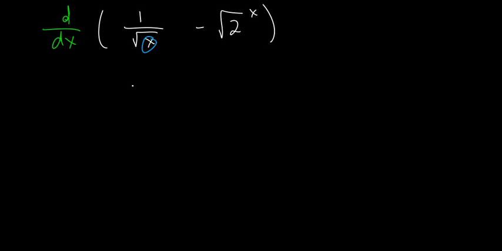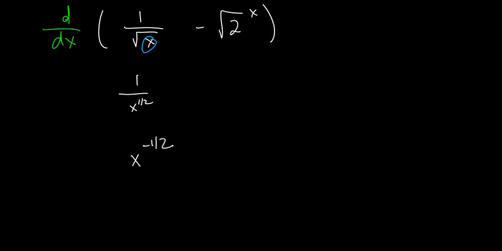So what should we do? First, let's convert the square root of x to a 1/2 power. Since we want to use power rule and x to the 1/2 is in the denominator, let's bring that x to the 1/2 to the top. So it becomes x to the minus 1/2.